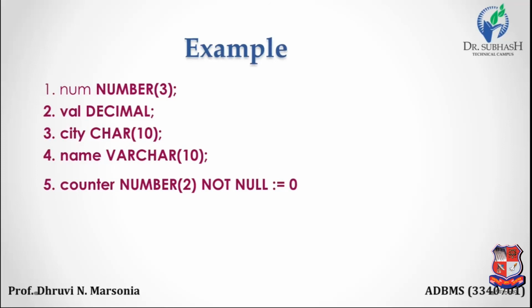Name is another variable name, and varchar 10 is the data type. Fifth, counter number NOT NULL initialized with 0. Here counter is a variable of number data type which is not null, and it is initialized with 0.